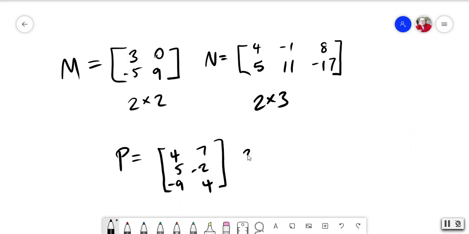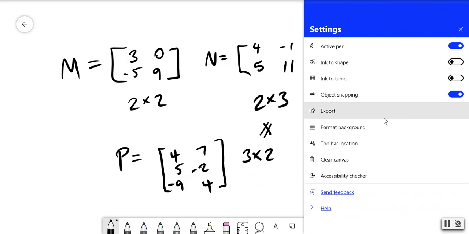Now that is a 3 by 2 matrix. It has 3 rows and 2 columns. So obviously 2 by 3 is not the same dimension as 3 by 2. It makes a difference which way it goes, so that's very important. So this is just examples of identifying the matrix, its dimensions.